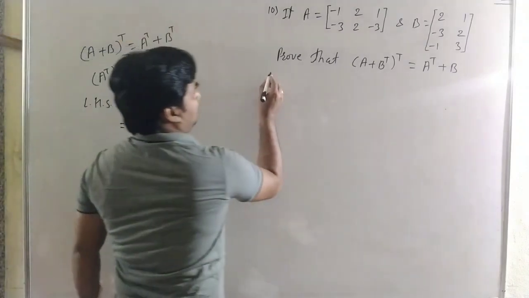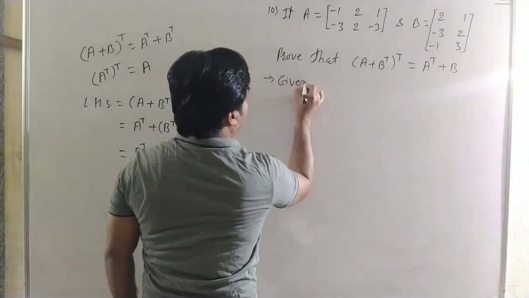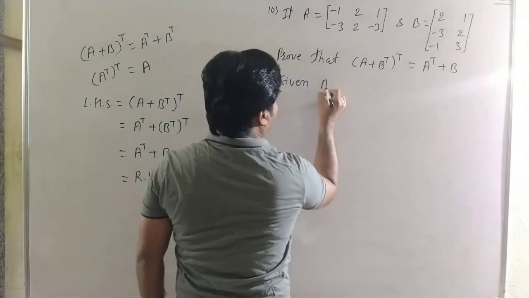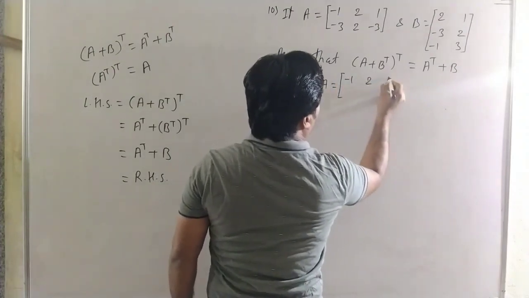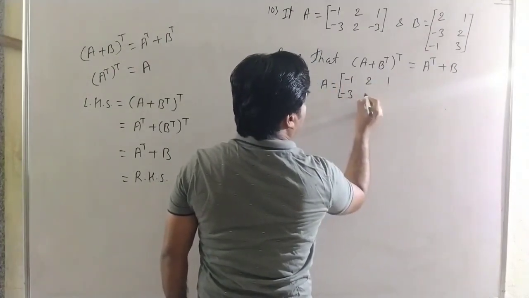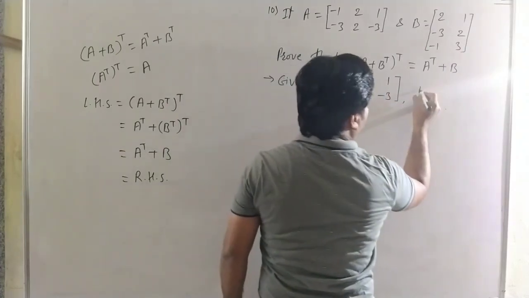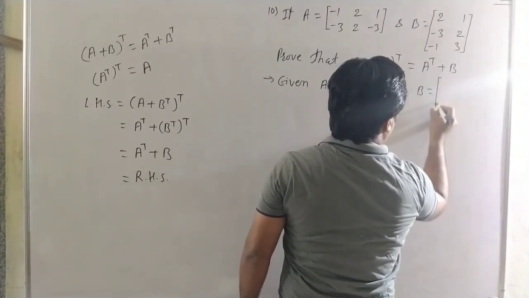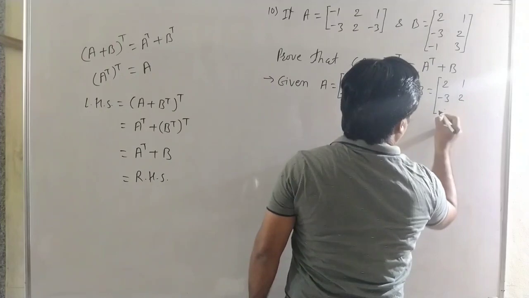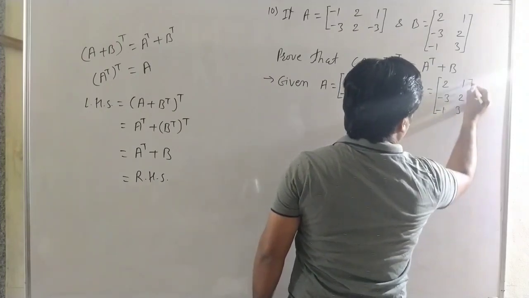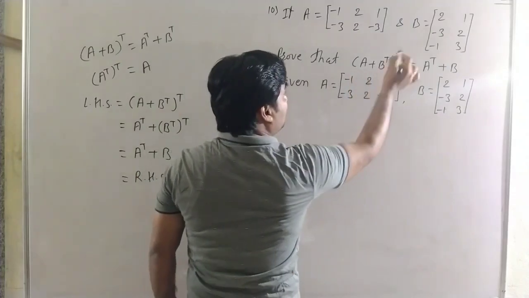Now we prove this example by calculation. Here the given matrices: A is equal to [-1, 2, 1; -3, 2, -3] and B is [2, 1, -3; 2, -1, 3]. Then first find (A plus B transpose) transpose.